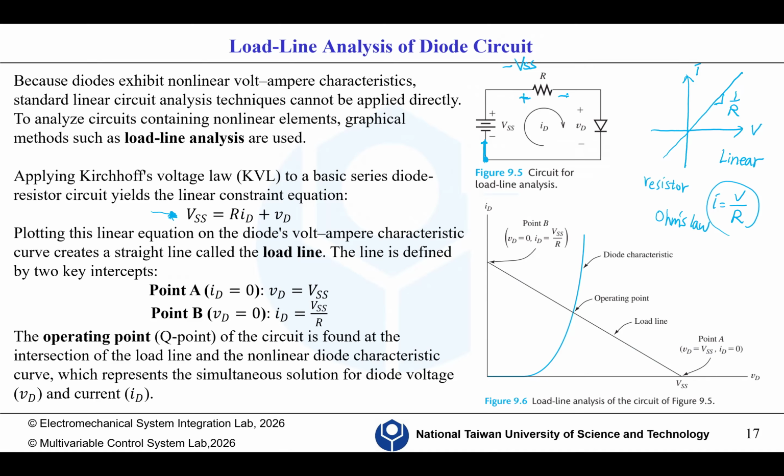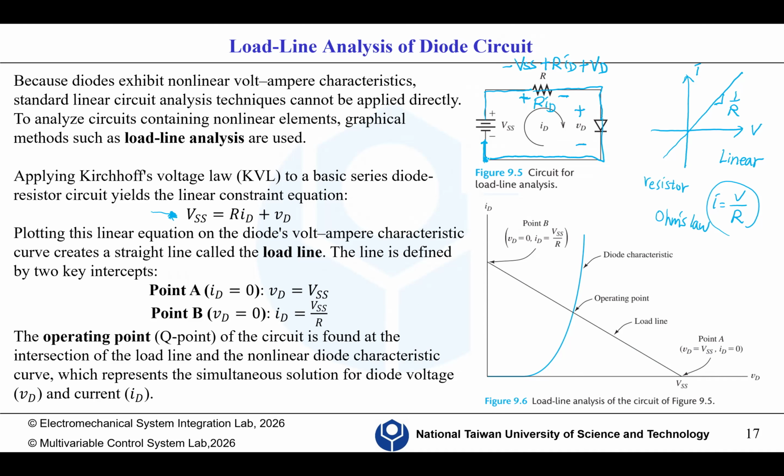So here is positive, this is negative, and the voltage across this resistor is R times ID. So I meet this resistor, plus R times ID, and then I meet this diode, plus minus, so plus VD.